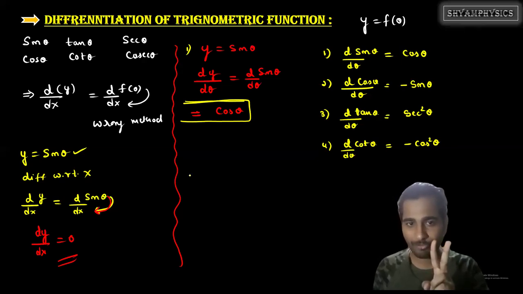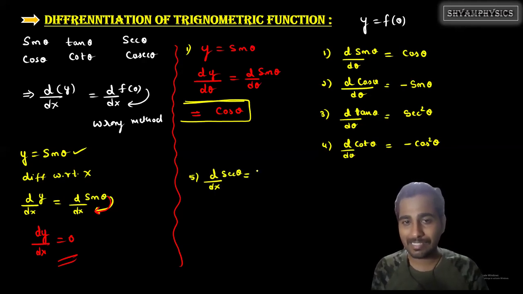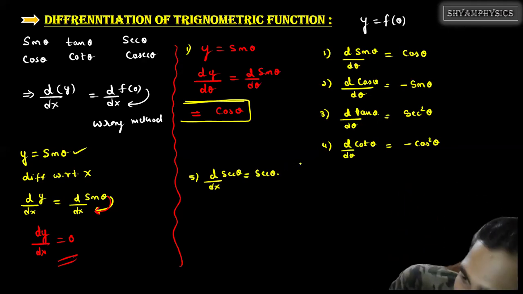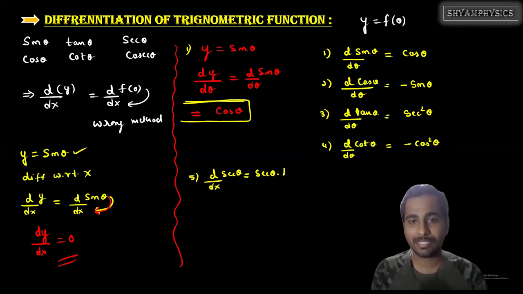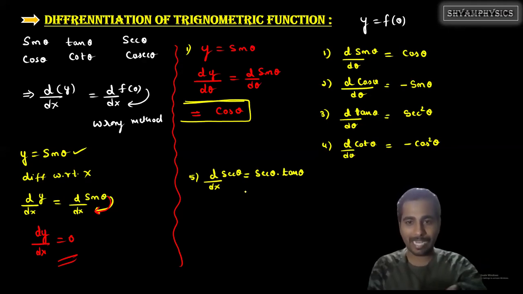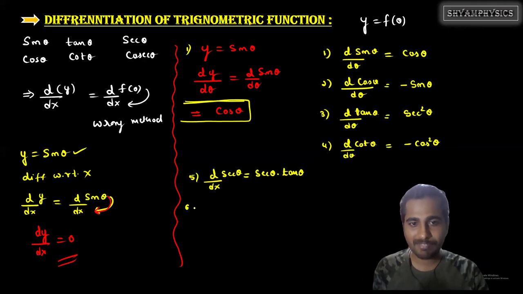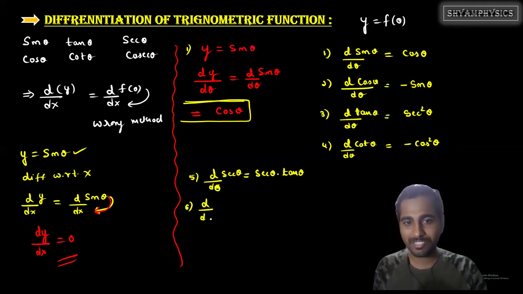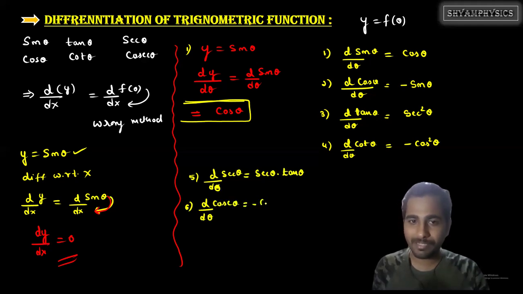Last two are there. Fifth one, differentiation of secant theta. Its answer is secant theta into tan theta. Next, sixth one, differentiation of cosecant theta should be minus cosecant theta into cot theta.